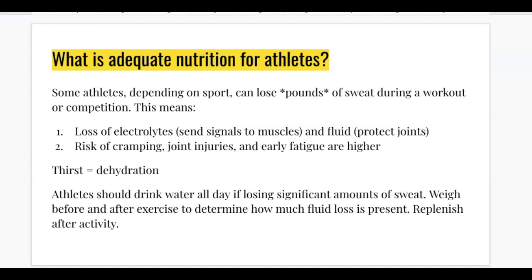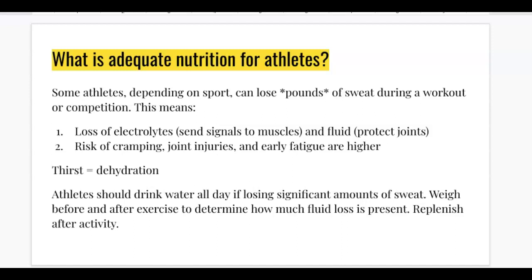By the time that we feel thirsty, our body is technically dehydrated. So you shouldn't just drink to thirst. You should drink all day long, especially if exercising that day and losing a significant amount of sweat. A good rule of thumb is for an athlete to weigh before and after their exercise to determine how much fluid loss is present, and then they can properly replenish that fluid afterwards.